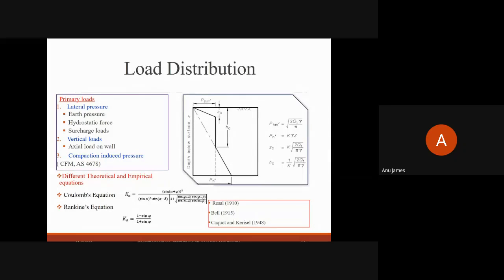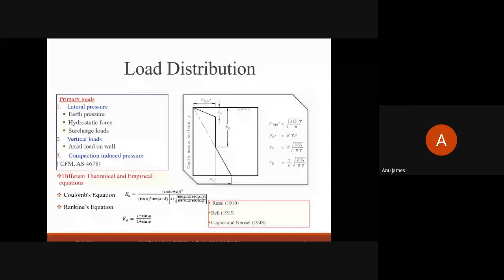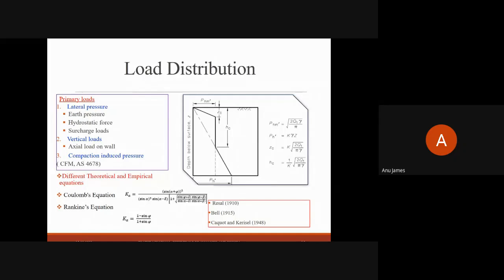Next part is the vertical loads. This mainly arises from the comparatively larger dimensions of a diaphragm wall. This mainly includes the self-weight of the system, then the skin friction components between wall and soil mass, and any vertical force components from the support structures, including struts or inclined anchors.